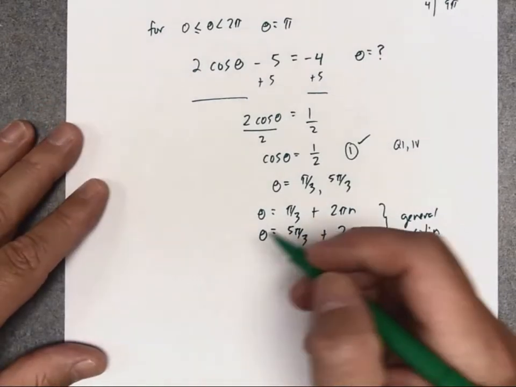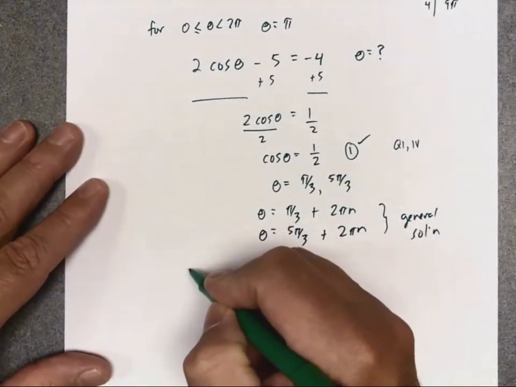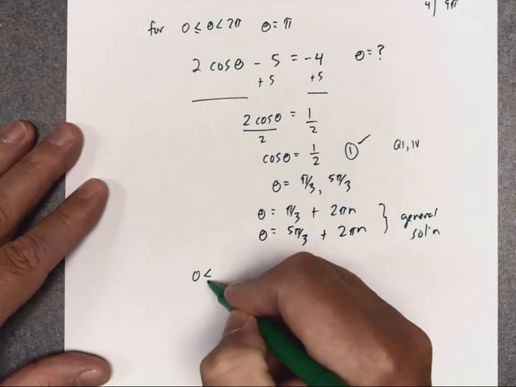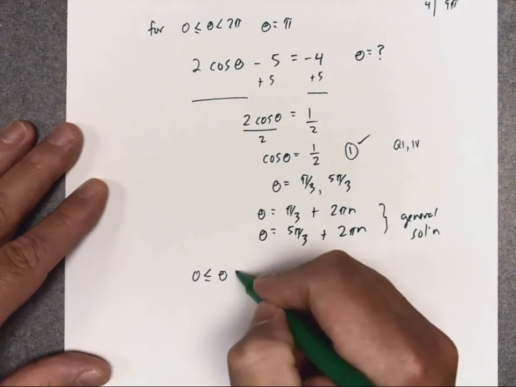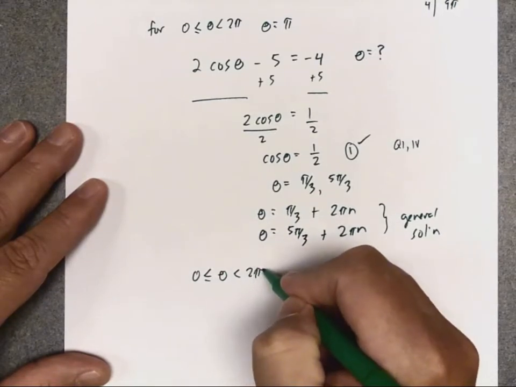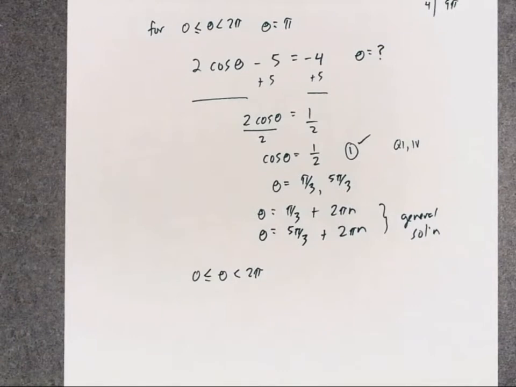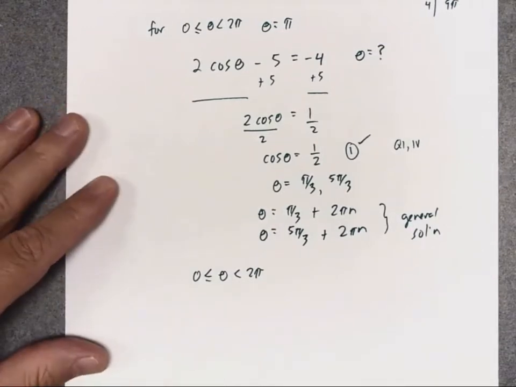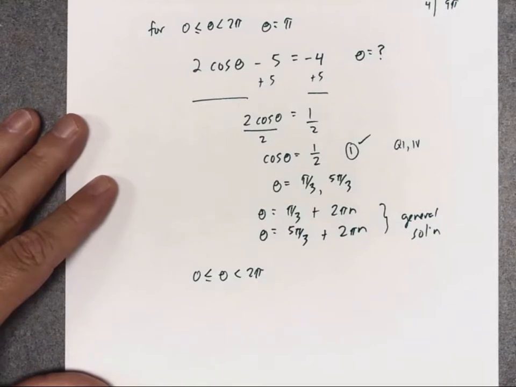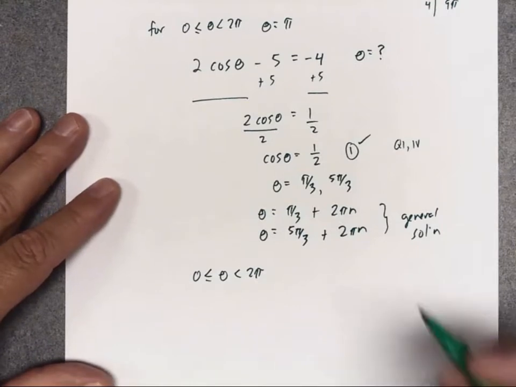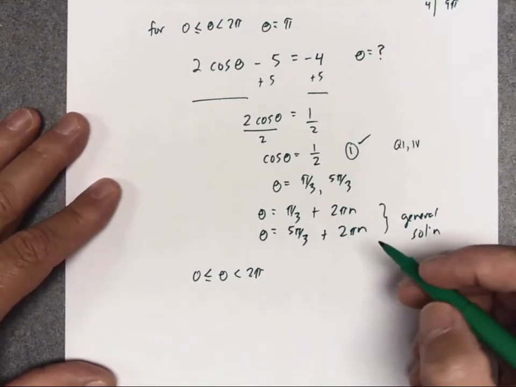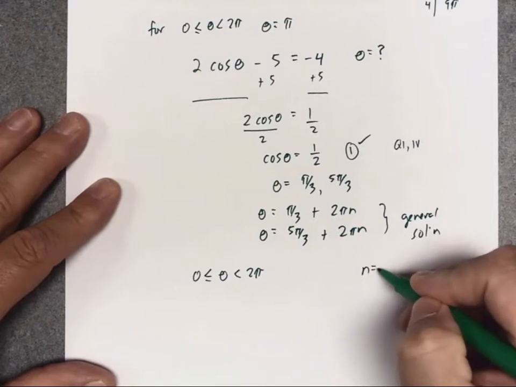So now let's say that we want to determine the solutions between 0 and 2 pi, in a sense, one trip around the unit circle. Now I'm going to just do this, even though a lot of you know the answer, but just as a habit, I'm going to start with n.